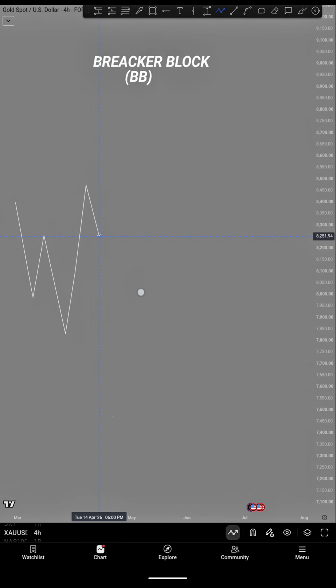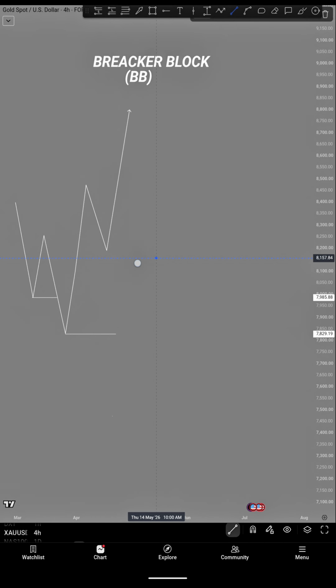This is how a bullish breaker block is formed. So this area is where you look for a bullish breaker block for continuation to the upside, because price was coming down like this, breaking structures to the downside. So instead of price giving you a new break of structure to the downside, it gives you a market structure shift, or change of character, depending on the time frame or what you are looking for.